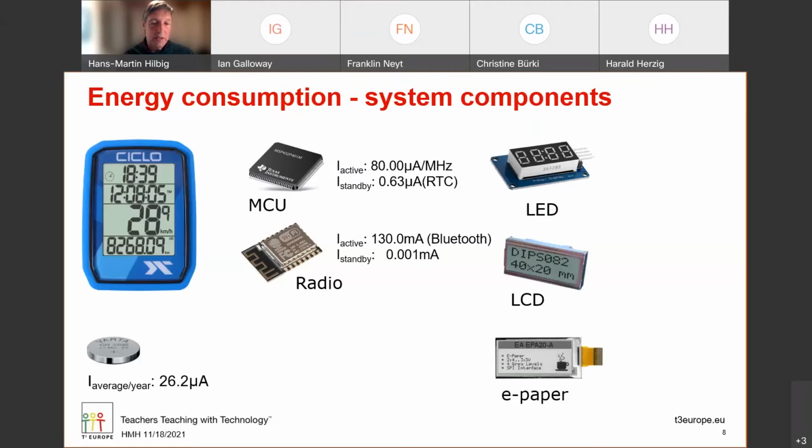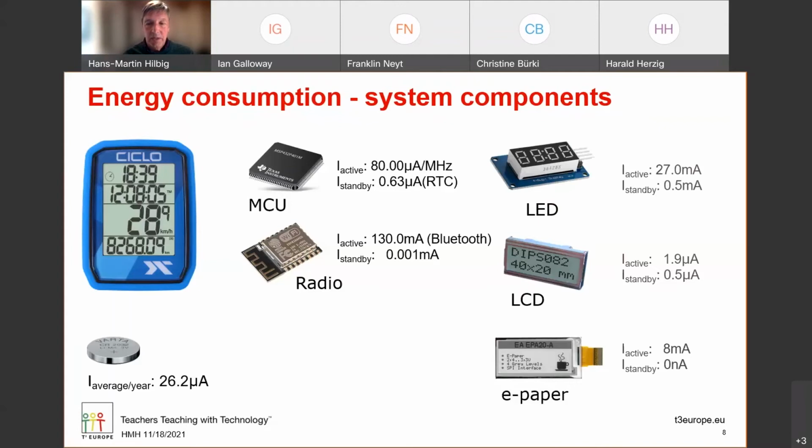The other interesting thing, which we already see when we look at this bike computer, is the display. It needs to have a display at least. I put three displays here in my example. I have an LED, which we know as a grove module in our lab setup with the TI Innovator system. We have an LCD, which is used in the bike computer, and we have an e-paper, which is used in Kindles and e-book readers, if you have those.